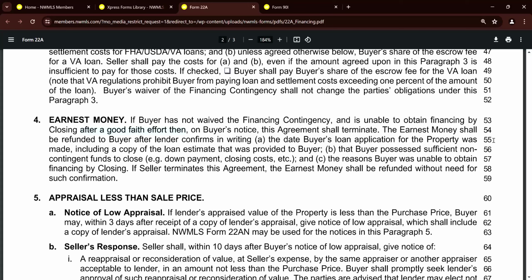Now listen, there's some things to this. They can go to another lender even without permission, okay? But you're going to have a much smoother transaction communicating on what's going on. The buyer does not automatically waive the financing contingency for doing that.